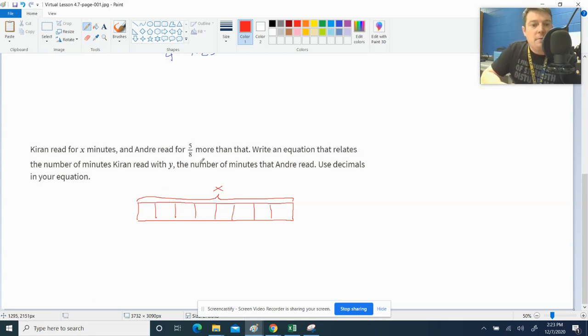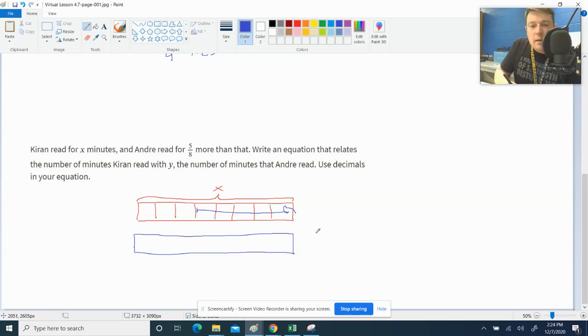Andre read 5/8 more than this. Okay, so if I was going to draw a rectangle to represent Andre, he read everything that Kieran read, right? Everything that he read, plus an additional 5/8. So that would be 1, 2, 3, 4, 5. This distance right here that I'm marking in blue, these 5/8 marks, that's the additional that he read extra.